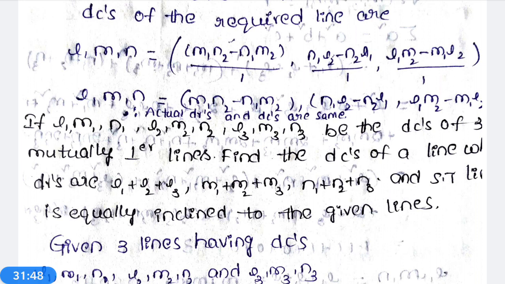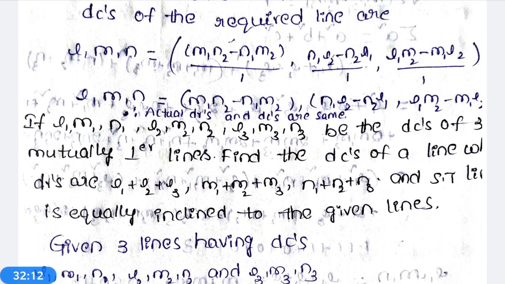If l1 m1 n1, l2 m2 n2, l3 m3 n3 are the DCs of three mutually perpendicular lines, the three lines are perpendicular. That means l1 l2 plus m1 m2 plus n1 n2 is equal to 0, l2 l3 plus m2 m3 plus n2 n3 is equal to 0, and l1 l3 plus m1 m3 plus n1 n3 is equal to 0.